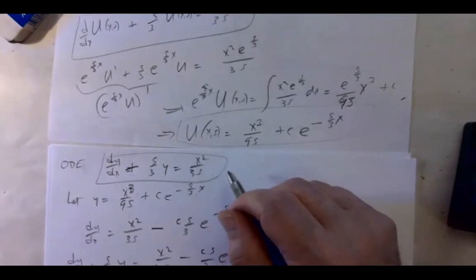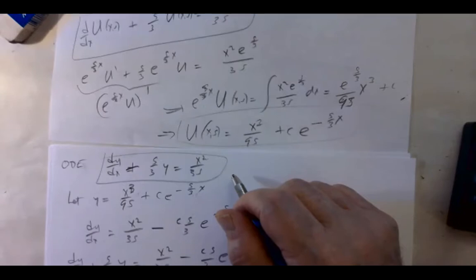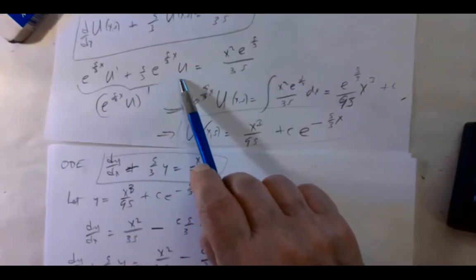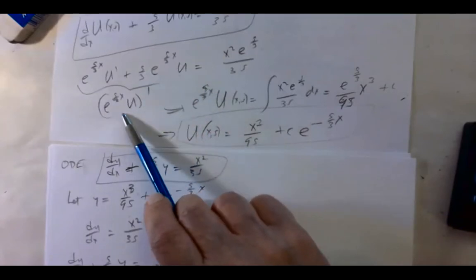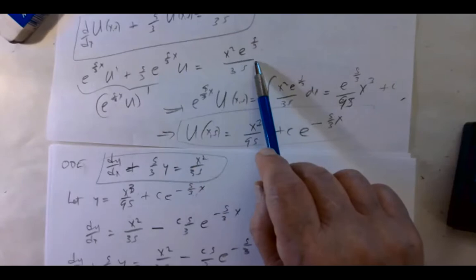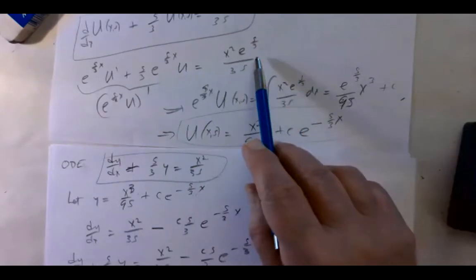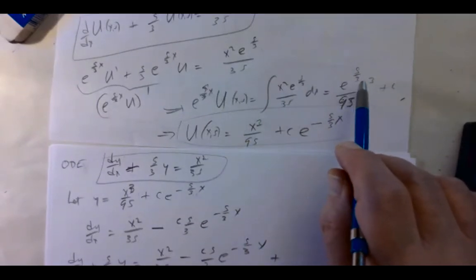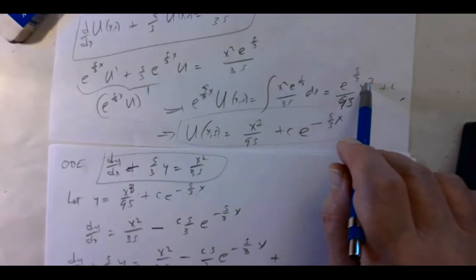So when I multiplied by e to the s over 3 x, then this thing differentiated equals this.